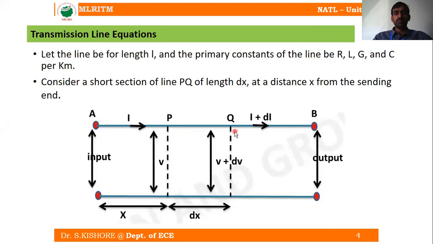So at Q, the voltage is going to be V plus dV, because from P to Q the length is dx, so there is a change in the voltage when the signal travels from P to Q. That is the reason the change in voltage is expressed as V plus dV, and similarly the current as I plus dI.